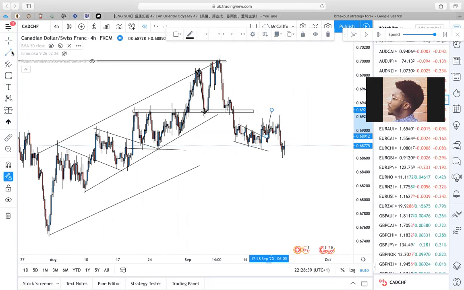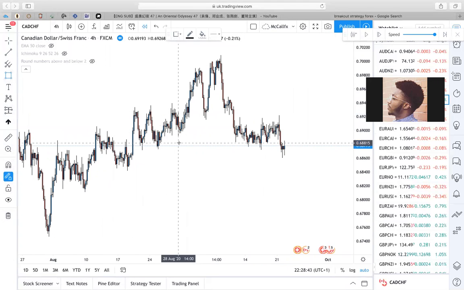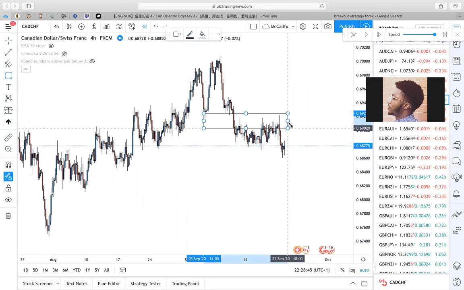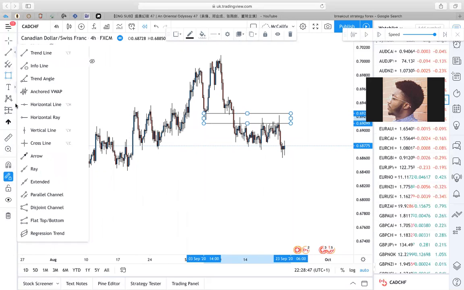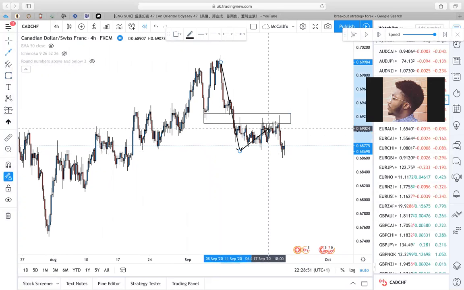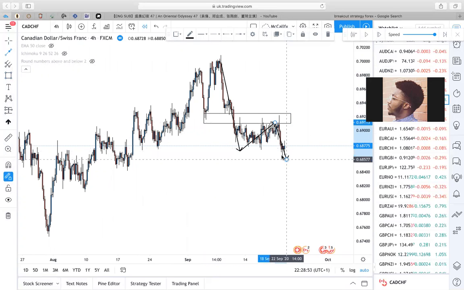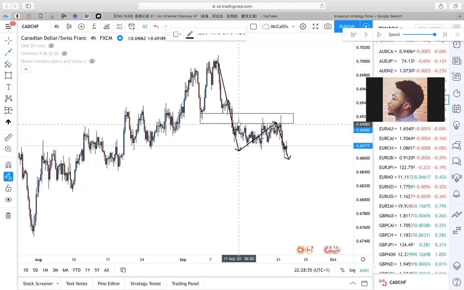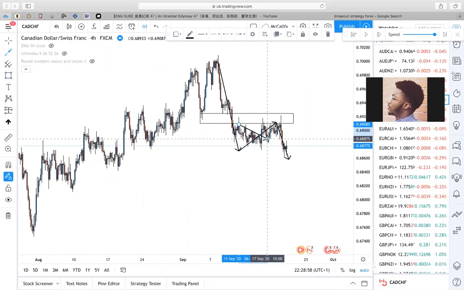Why? Let me take everything off. What do you guys see? A downtrend, a break, and a retest, right? So even if I have this breaking out of my zone, what you have to do is look at the bigger picture. This is what the market is doing.